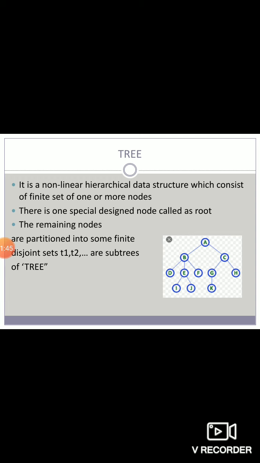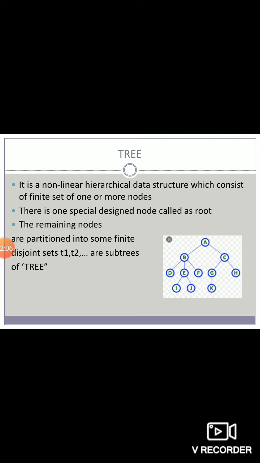Now in this tree there are a number of nodes, but there is one specially designated node called the root. That means the source, the origin of my tree, is called the root.